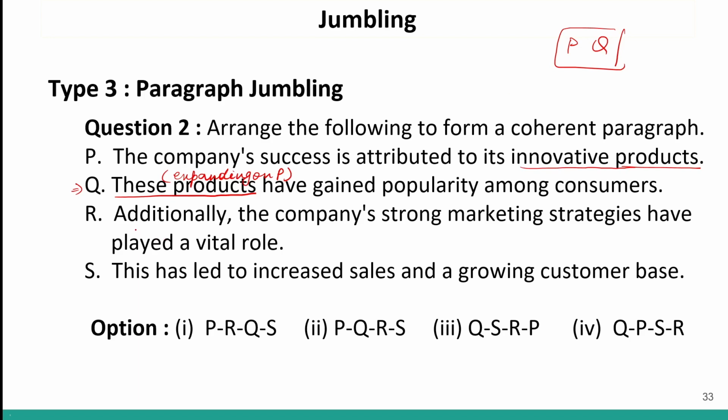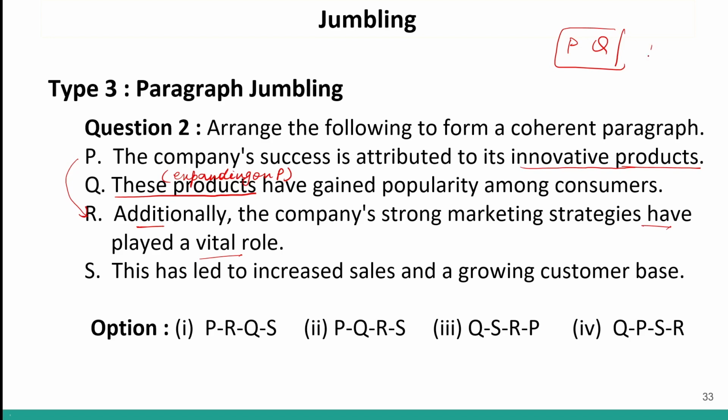correct? Now, additionally, the company's strong marketing strategies have played a vital role. So, in statement P, we talked about the company's success being due to its innovative products. But in R, we said that additionally, the company's strong marketing strategies have also played a vital role. So, first the products and then the marketing strategy.